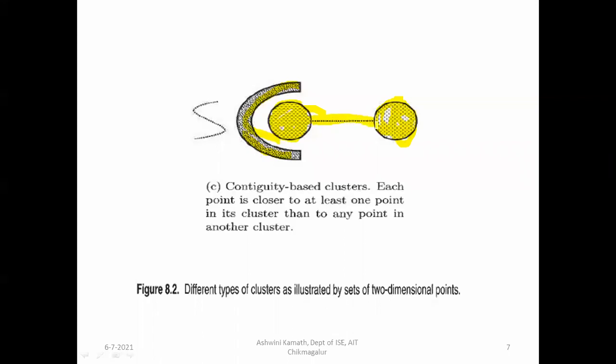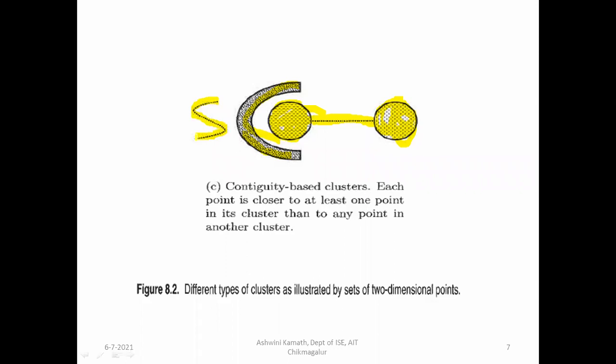It has merged two clusters with a single line or bridge, right? So here we have a curve also. This is also noise. This will also form one cluster here. That is the problem with graph-based cluster or contiguity-based cluster.